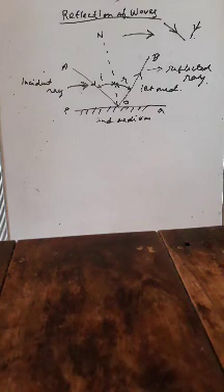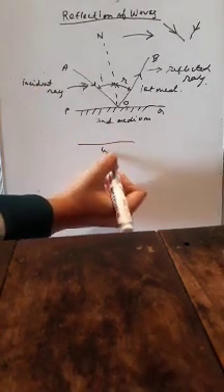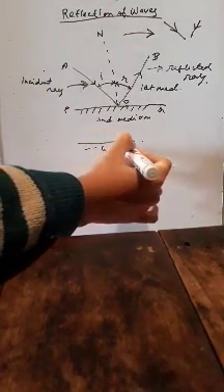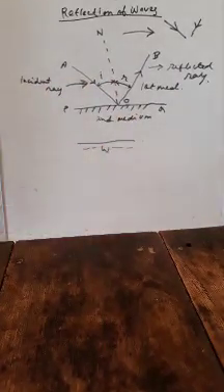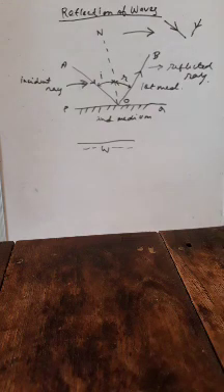Just imagine that you are moving along the surface of water. If a wave strikes a wall, what will you see? This is your water. Just imagine you are moving along the surface of water, and you see a wave striking a wall.